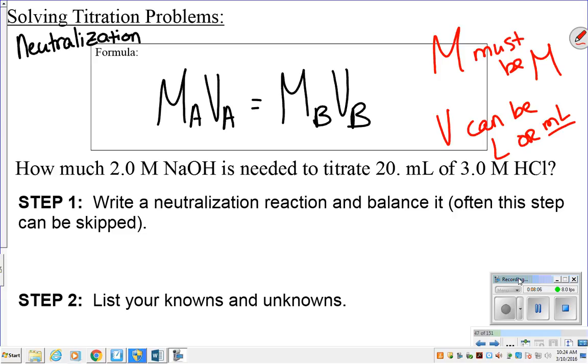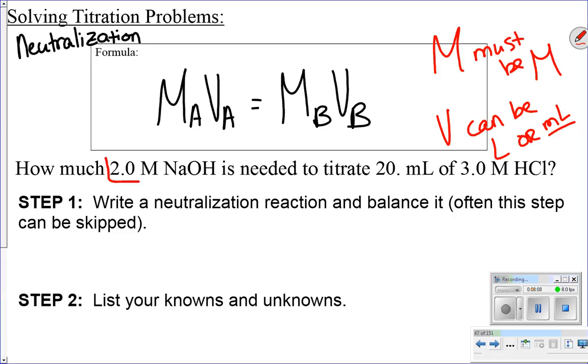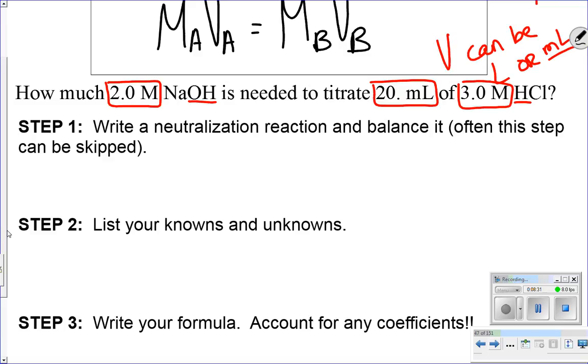So a typical example, how much 2 molar NaOH is needed to titrate or neutralize 20 milliliters of a 3 molar hydrochloric acid solution. Sometimes it's nice to start with a neutralization reaction. As you get into these a little bit more, I'm going to show you a shortcut that allows you to skip this.